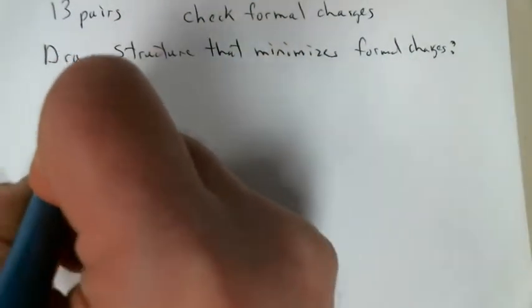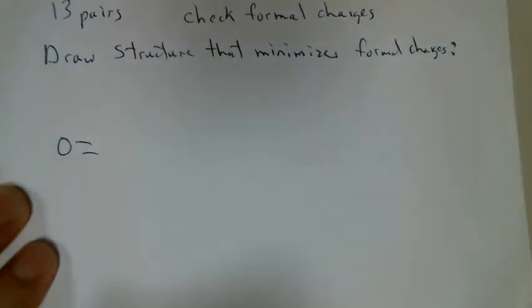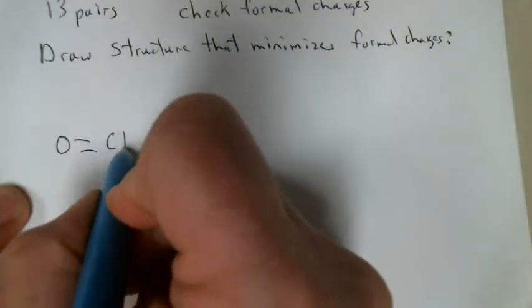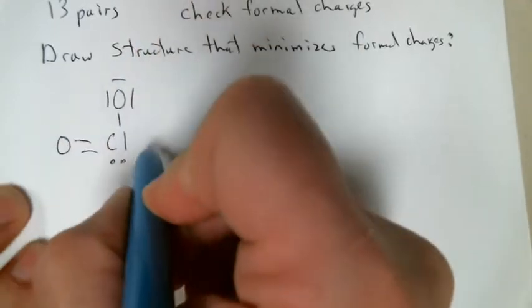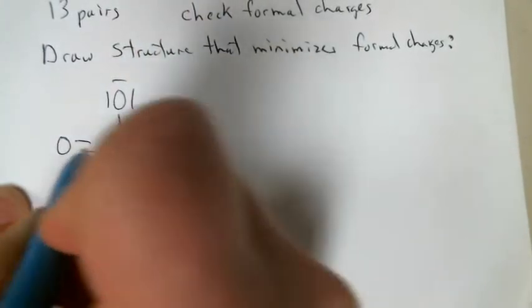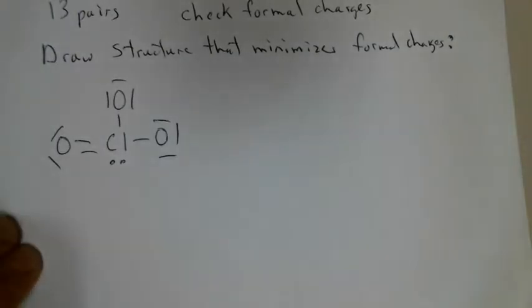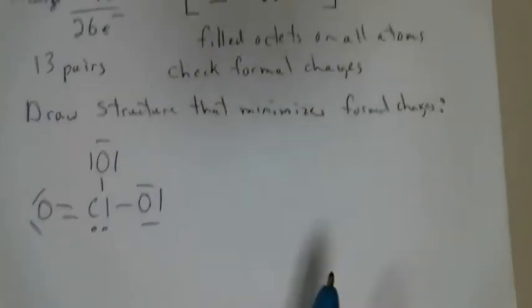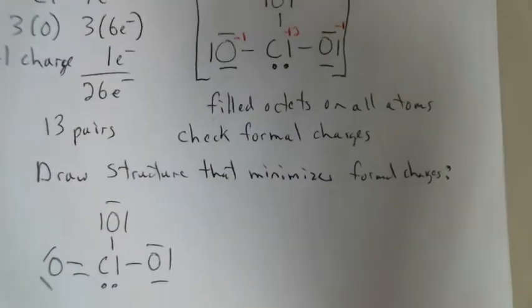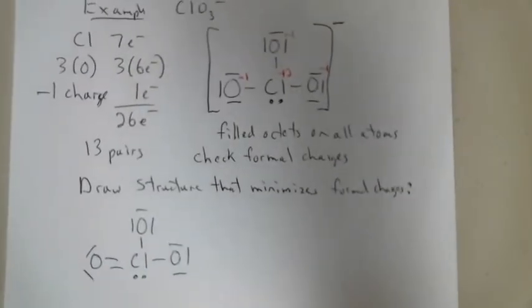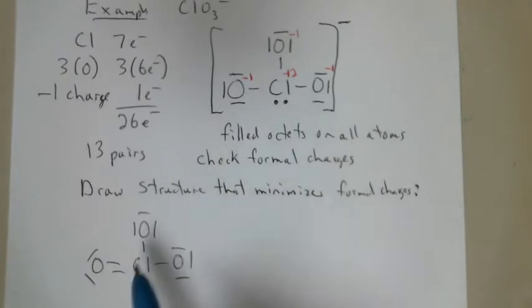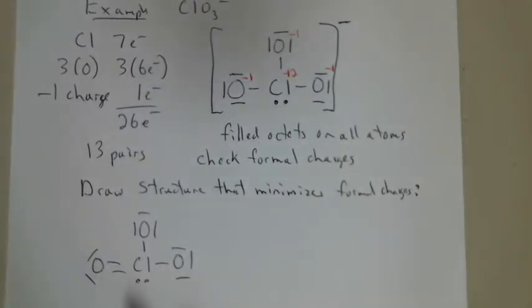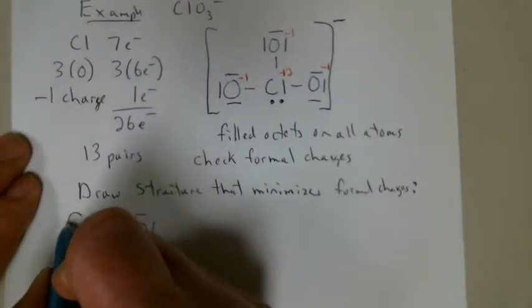So I'll just redraw it with a double bond between that oxygen and the chlorine, and everything else will stay the same. And now there's only 2 lone pairs on that oxygen. So do you see what I did there? I just took this lone pair, moved it in to make a double bond there. Everything else is the same, right?